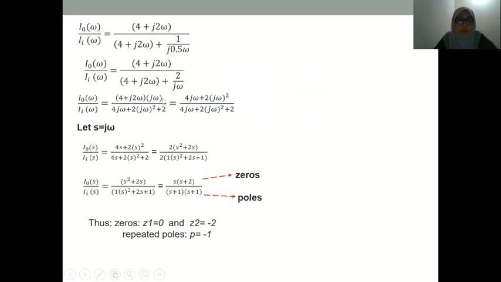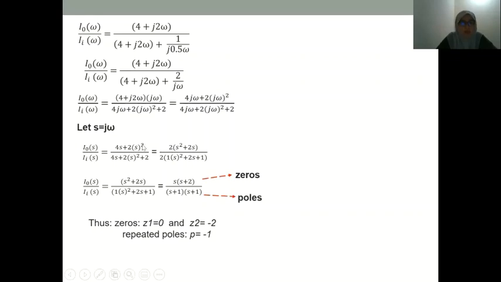Then you bring this J omega outside. For the numerator, we get 4J omega plus 2J omega squared. Then let S equal to J omega, so you replace J omega with S. So what you have now is 4S plus 2S squared divided by 4S plus 2S squared plus 2.